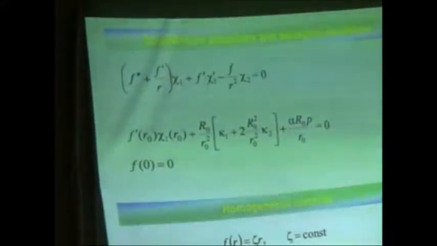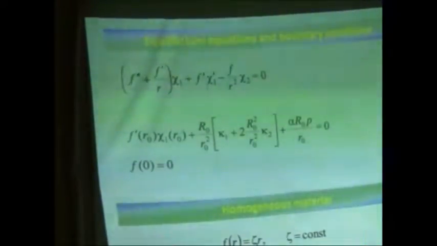Due to this, we can express our stress tensors for the bulk material and surface stress tensors like this, and our system of equilibrium equations reduces to only one scalar equation for the unknown function, and our boundary conditions we express like this.